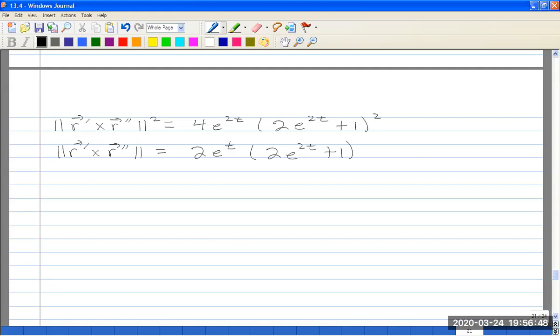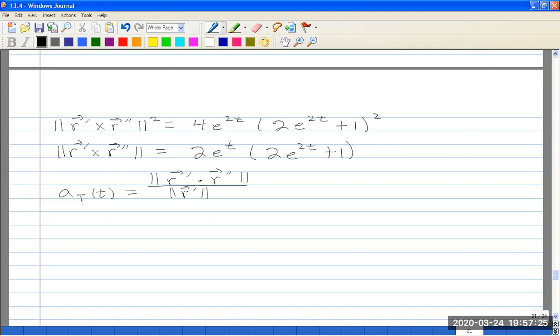And so the tangential component is r prime dot r double prime over the norm of r prime.